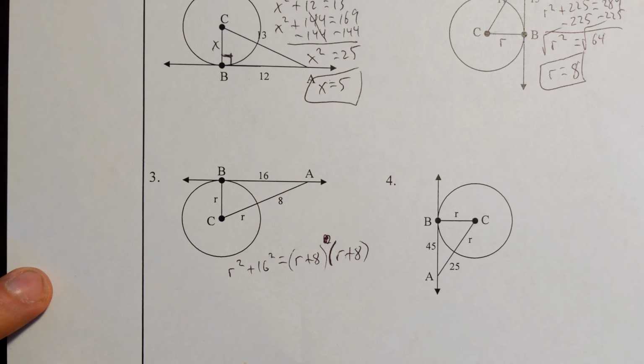And over here, r times r is r squared, r times 8 is 8r. Then you're going to get the next term, distribute it, 8 times r, another 8r, and then 8 times 8, 64. So we're going to want to combine like terms in here.